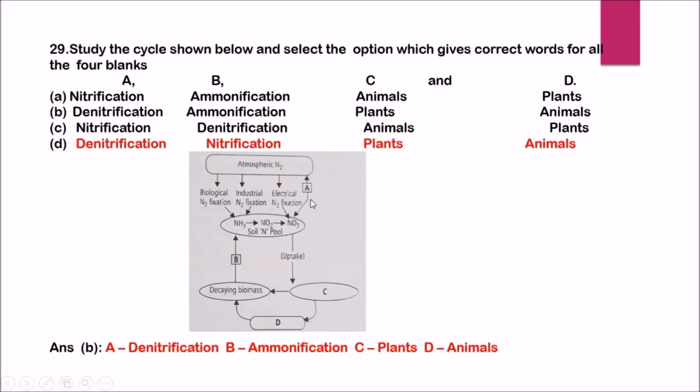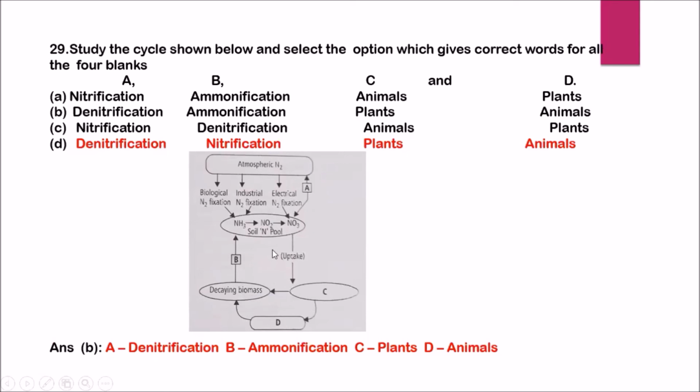Nitrate is converted back to atmospheric nitrogen. This is denitrification. B is ammonification. It is converted back to ammonia. And C is plants and D is animals. So option D, that is denitrification, nitrification, plants and animals.